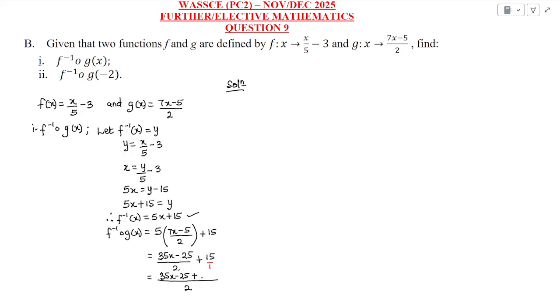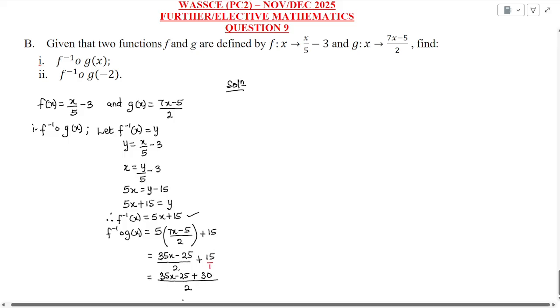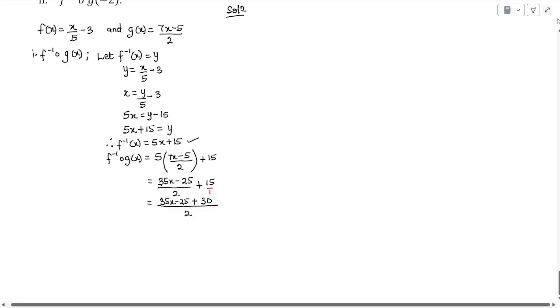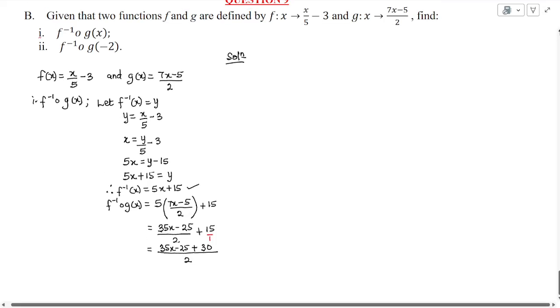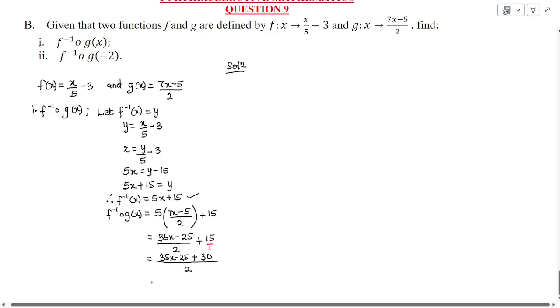We use that to multiply the numerator, and that gives us 30. All right. So from here, we could say that this gives us 35x, then negative 25 plus 30 gives us positive 5, divided by 2. This gives us the answer for f inverse of g of x. All right, so this is the solution to the first question.